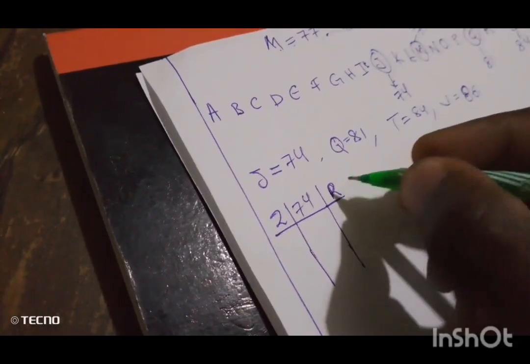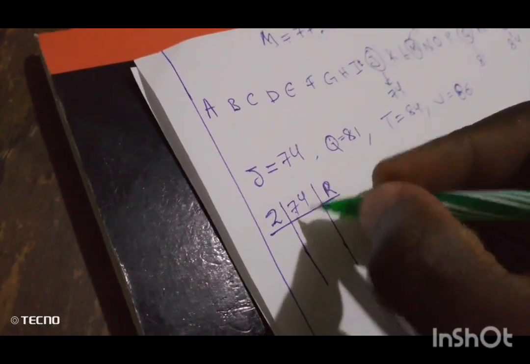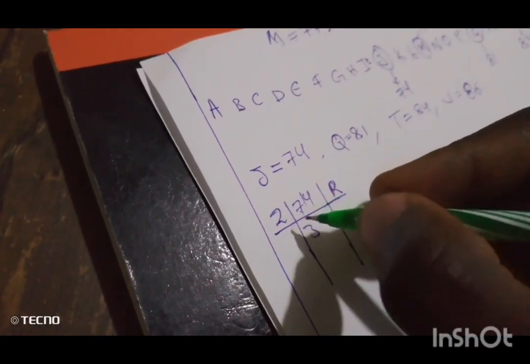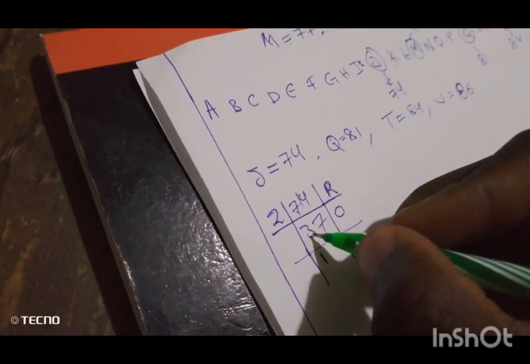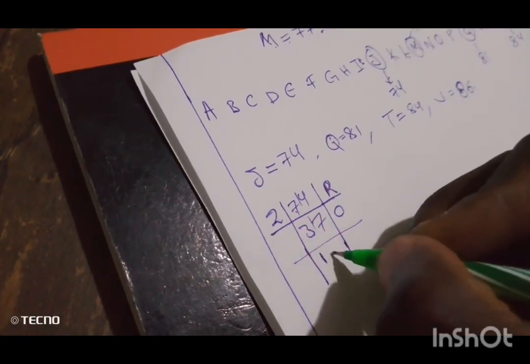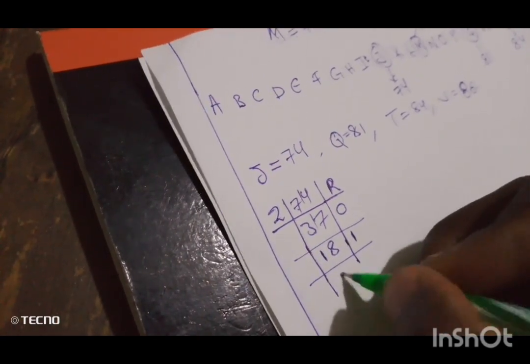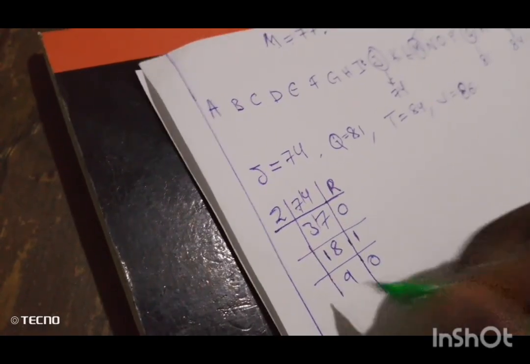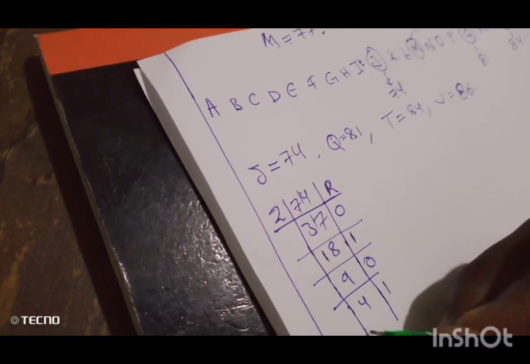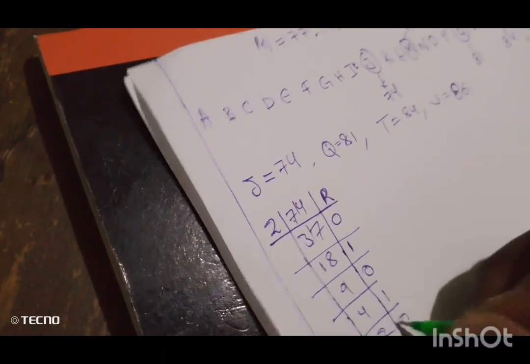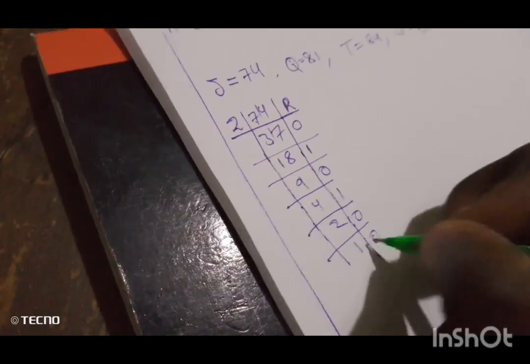This is computer studies. 2 into 7 goes 3 times, remainder 1, that makes 14, and then 14 is 7, no remainder. 2 into 3 goes 1 time, remainder 1. 2 into 17 is 8, remainder 1. 2 into 18 goes 9 times, remainder 0. 2 into 9 goes 4 times, remainder 1. 2 into 4 goes 2 times, no remainder. 2 into 2 goes 1 time, no remainder.